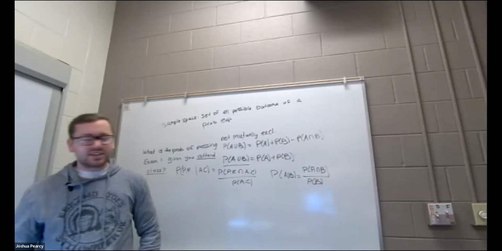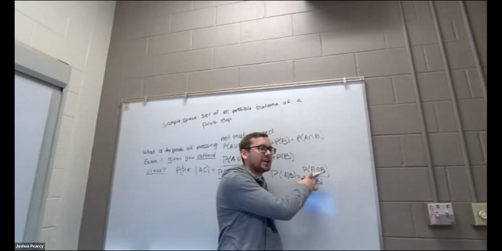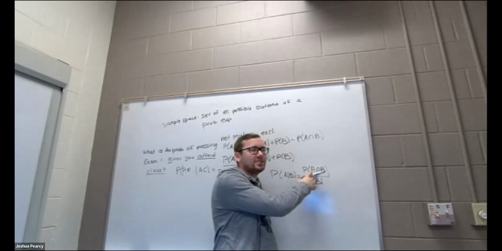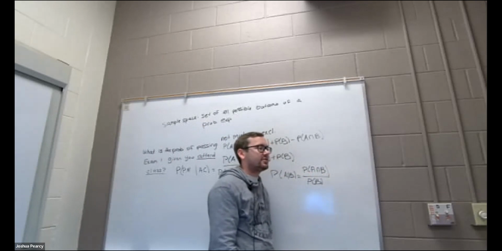Using a contingency table, you can easily find the probability of A and B. So I give you two conditions and I say, find the conditional probability of this given this. You look at the probability of the intersection, and then you divide that by the probability of the given condition.